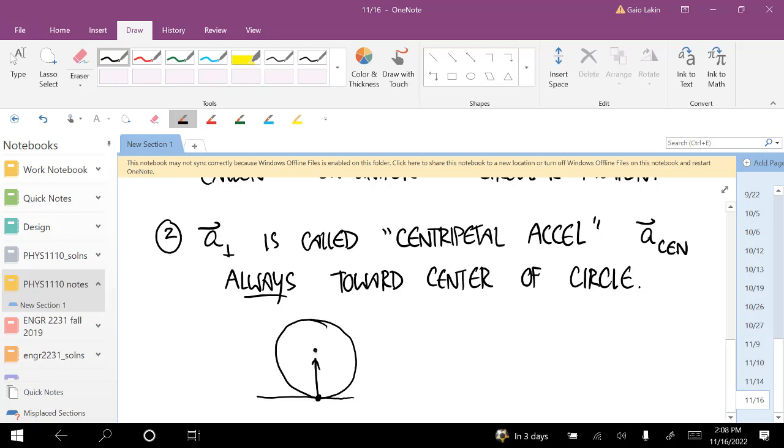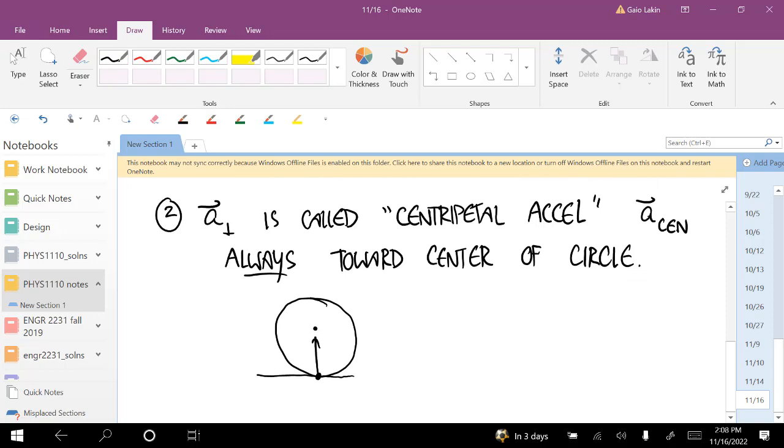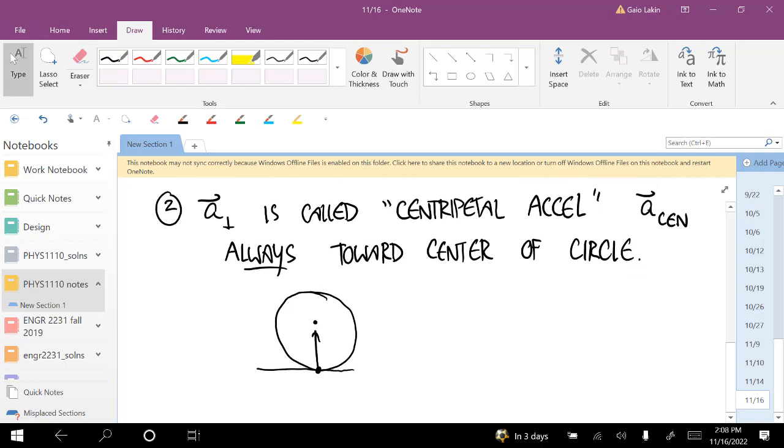And then the last new bit of information is that in circular motion, this is kind of what defines circular motion. We know the magnitude of that centripetal acceleration always.